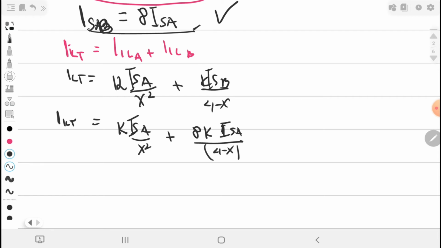So, next, what we will do is take out the I_SA. Therefore, I_LT is equal to k multiplied by I_SA, multiplied by 1 all over x squared plus 8 all over 4 minus x squared.